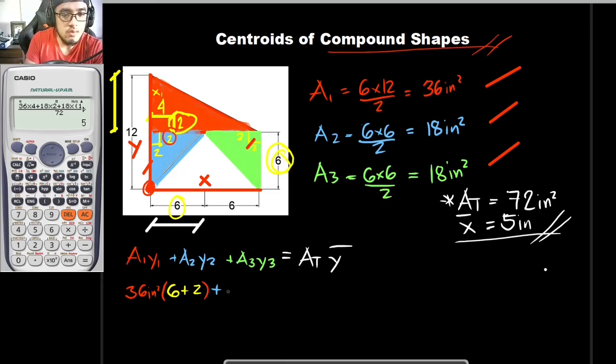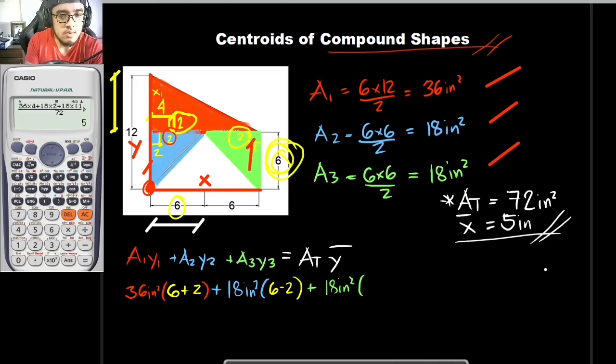So area 2 is 18 square inches times 6 minus 2. And for the third one, A3, that is also 18 square inches times the lever arm, and our lever arm here would also be 6 minus 2, which is this part right here.